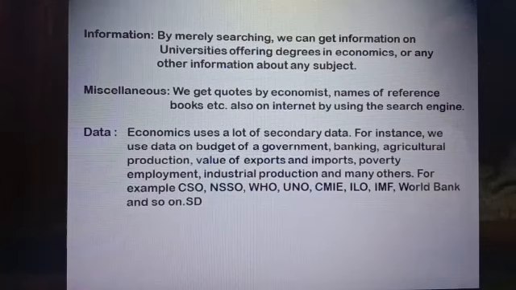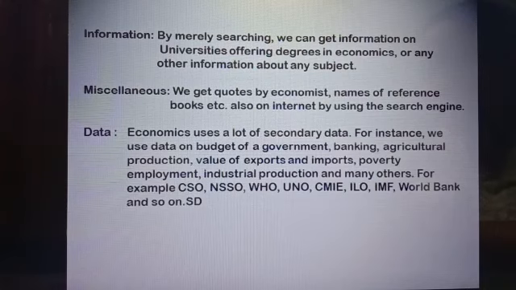Data. When we are talking about data in economics, we need a large number of figures for a comparative study. In that, we need to talk about the budget of a government, banking, agricultural production, value of exports and imports, poverty, employment, industrial production, and many others. There are a number of institutions which give us various types of numbers.